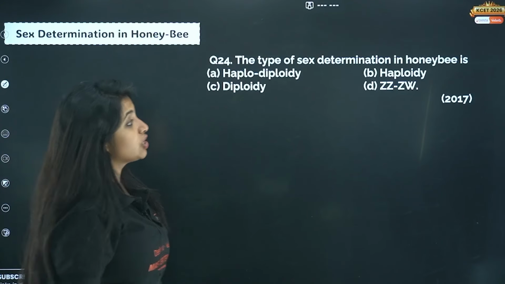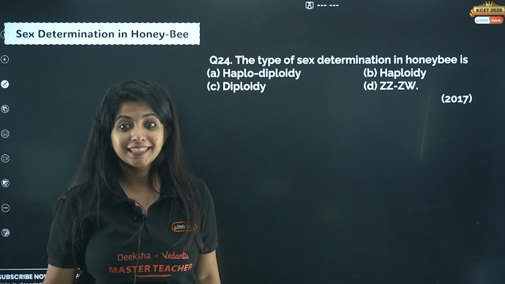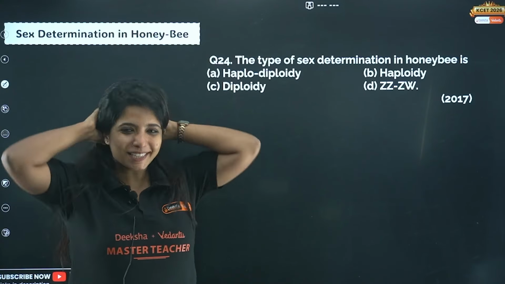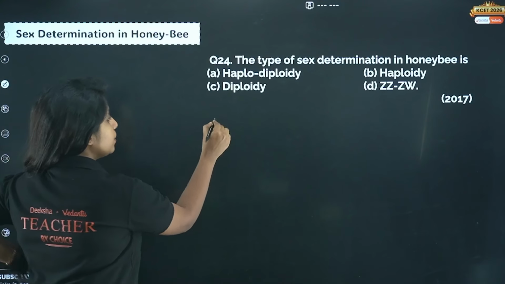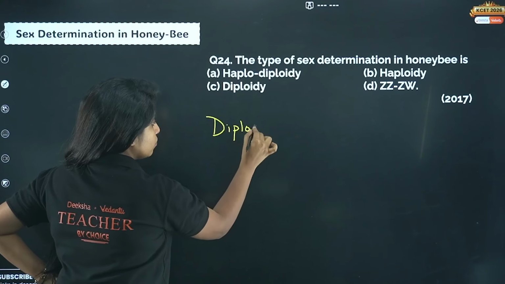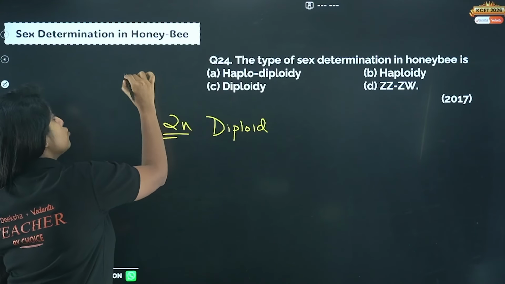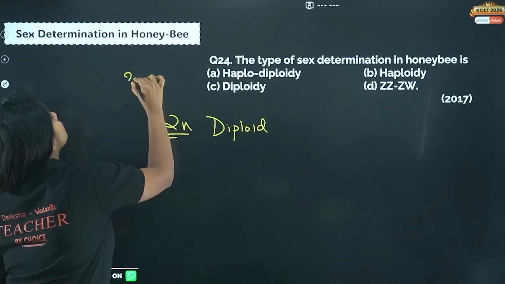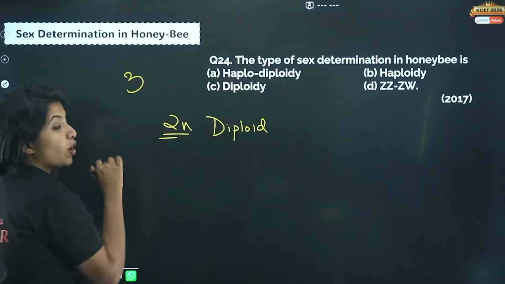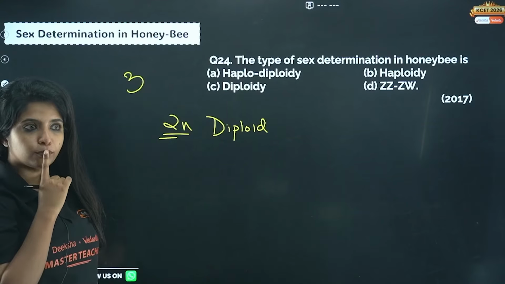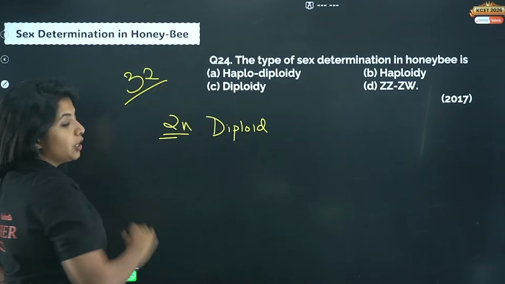Now, the type of sex determination in honeybees. That we didn't study. In honeybees, my dear children, the diploid ones, the ones which have 2n number of chromosomes. Suppose honeybees usually have, I forgot their chromosome number, 32. Yes, they have 32 chromosomes.